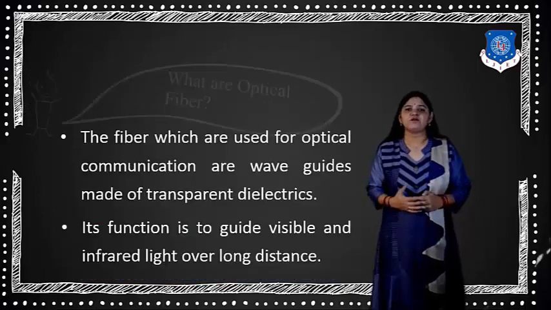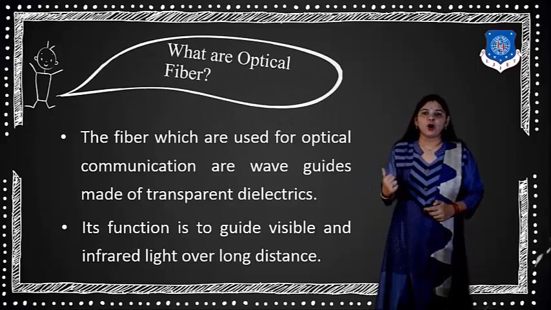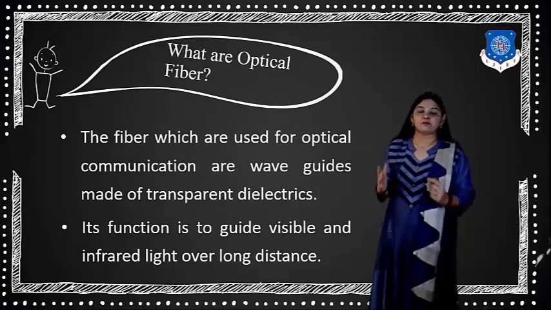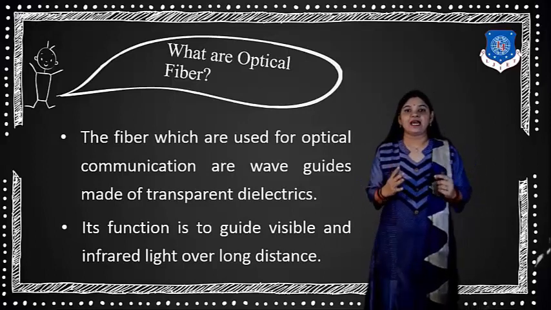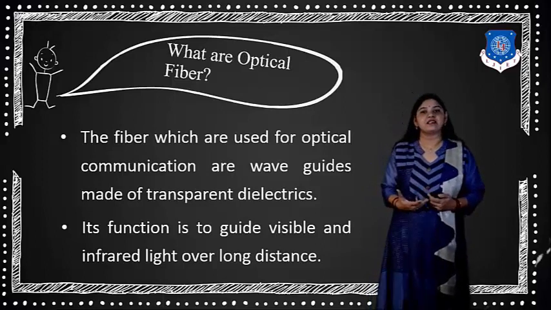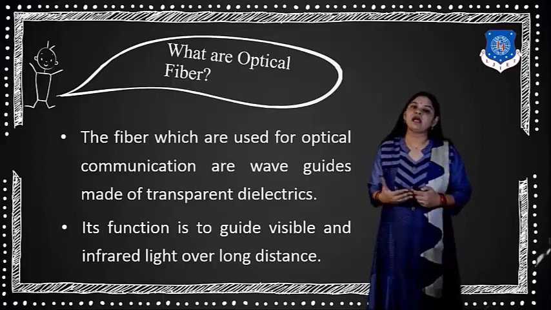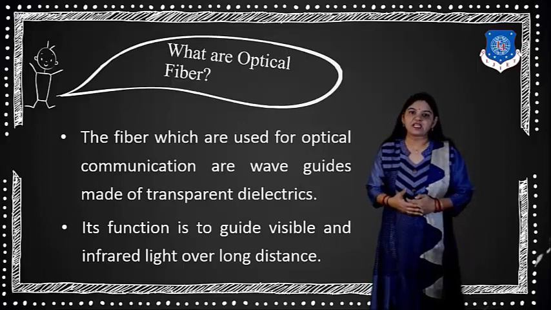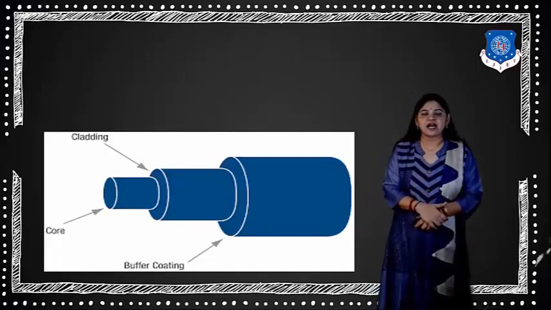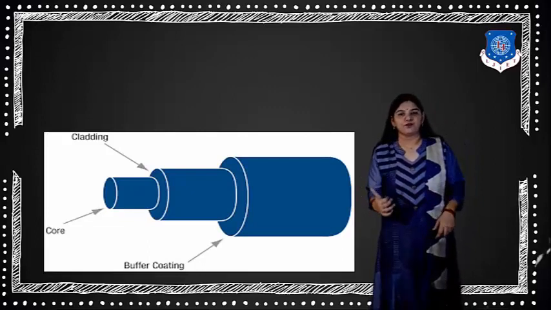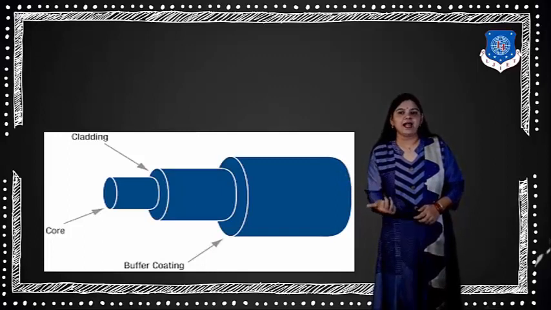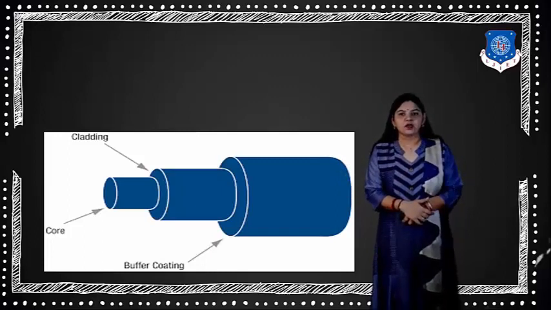The fibers used for optical fiber communications are a waveguide, made up of dielectric transparent material, and their function is to guide visible and infrared light over long distances. Here you can see the optical fiber, which consists of the core, cladding, and the outer coating.